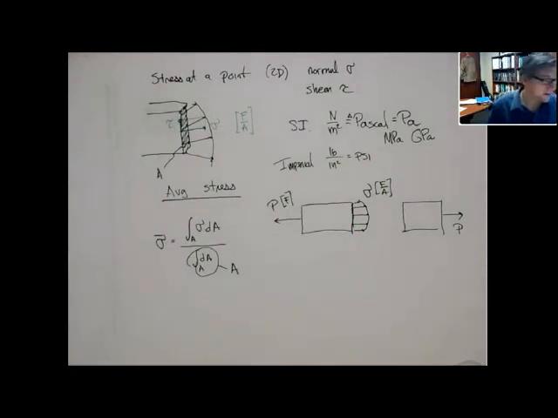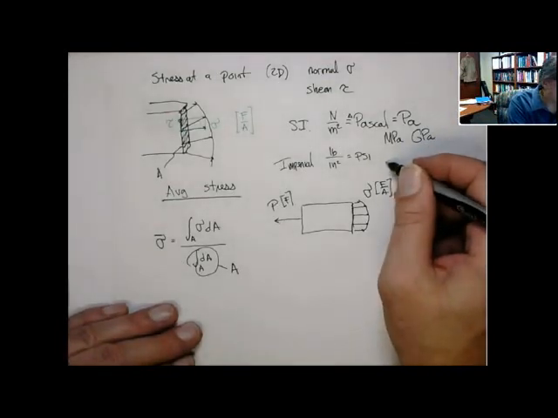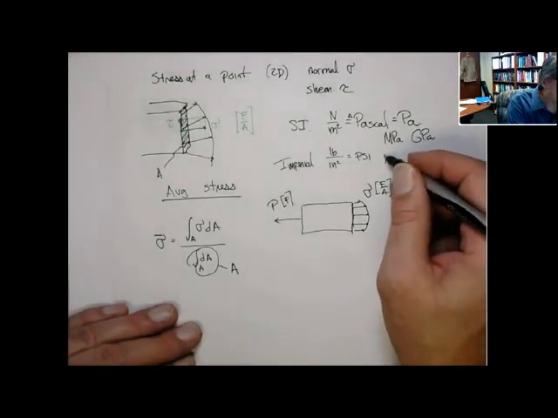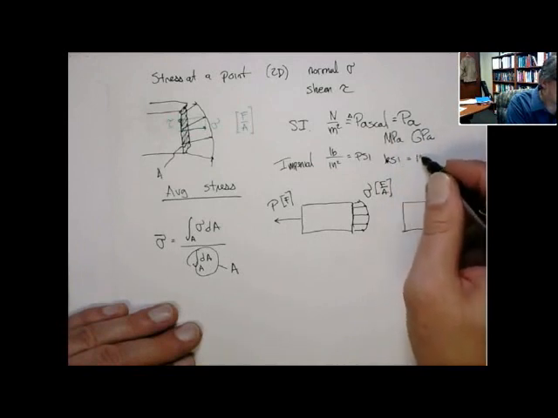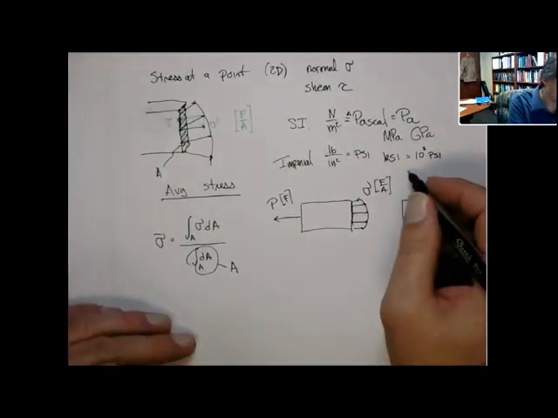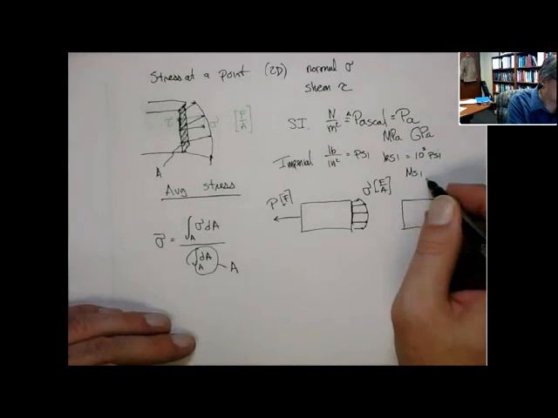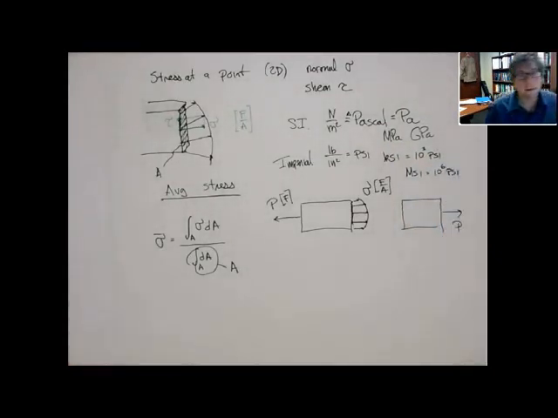A lot of times you'll still see things written in terms of KSI, which is 10 to the third PSI, that's 1,000 PSI, and sometimes people talk about MSI, which is 10 to the sixth PSI, a mega PSI.